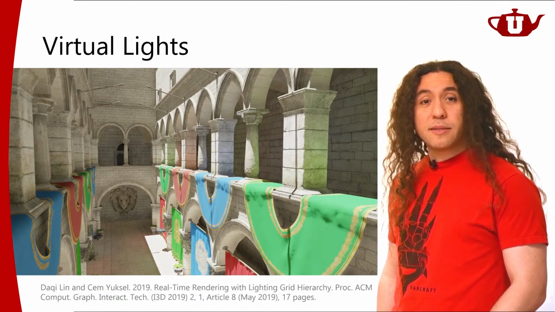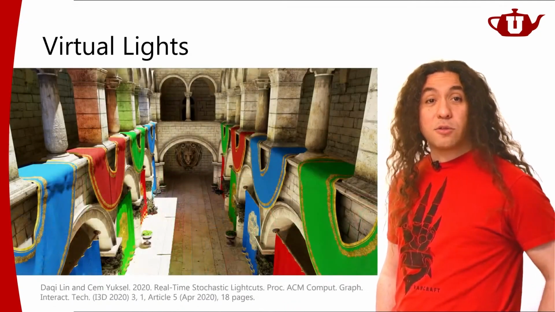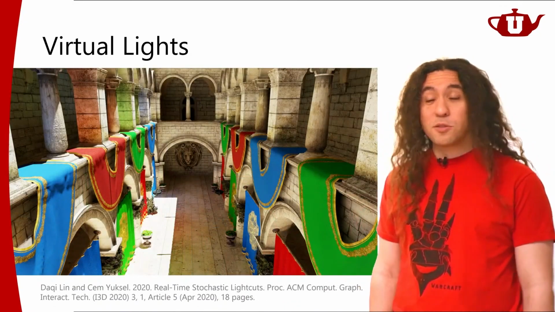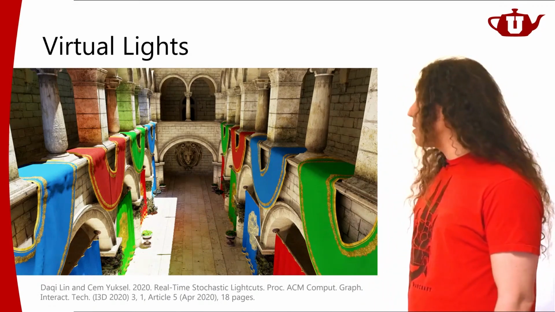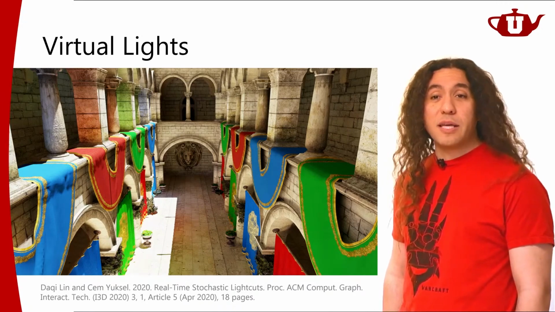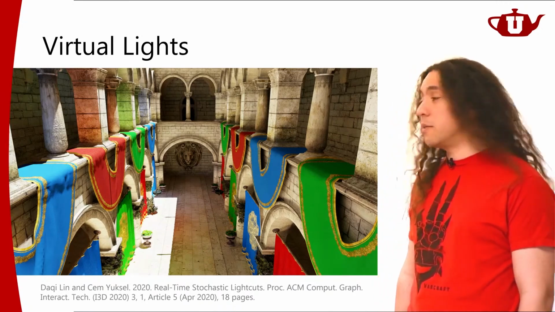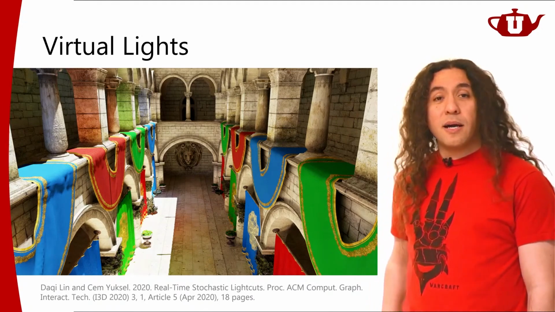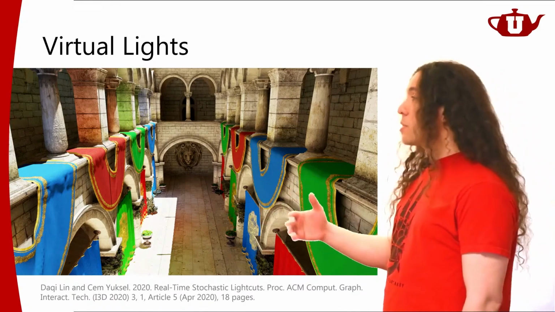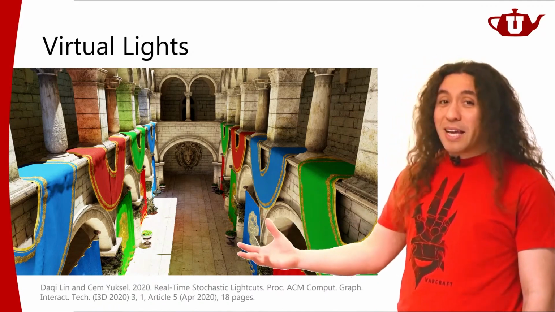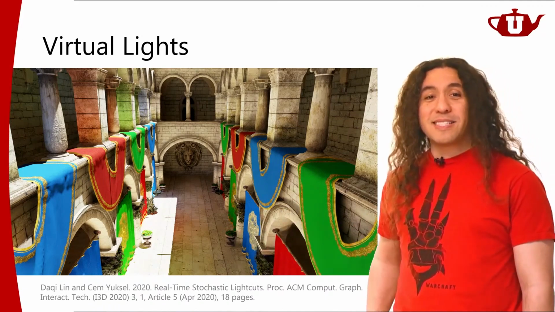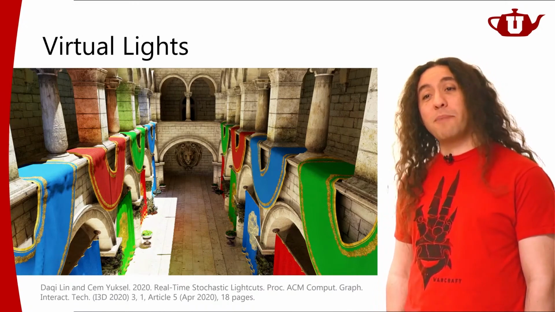More recently, last year, we introduced a totally different technique. This one's using real-time stochastic lightcuts. It's a different kind of light tree evaluation, using stochastic evaluation. And of course, this technique also includes some sort of denoising. In that context, it's similar to what I told you about path tracing before.